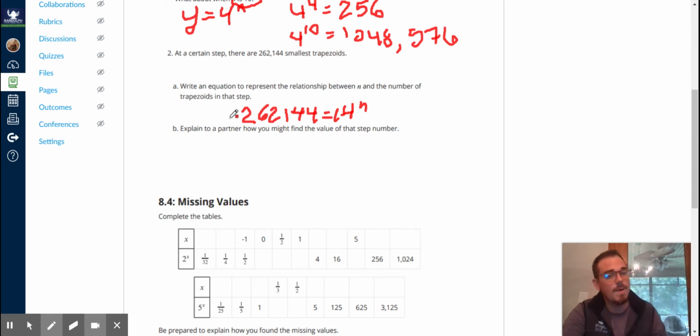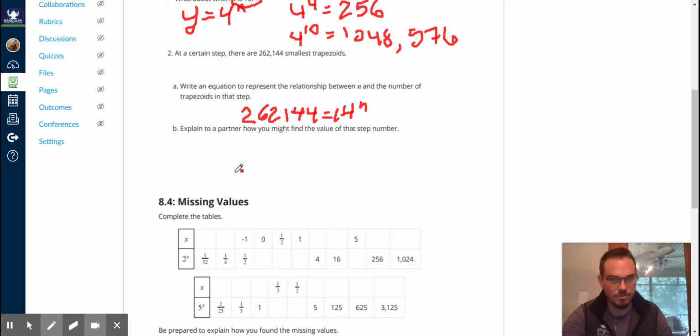So when I'm talking to my partner, or explaining to somebody else in the class who asks how you get that number, you're saying, well, what do we raise 4 to get 262,144? We could do a guess and check game until we get there, but there is another way. That's what our whole section is about, from the beginning of your lesson, where we're undoing operations. There is a way to undo n.